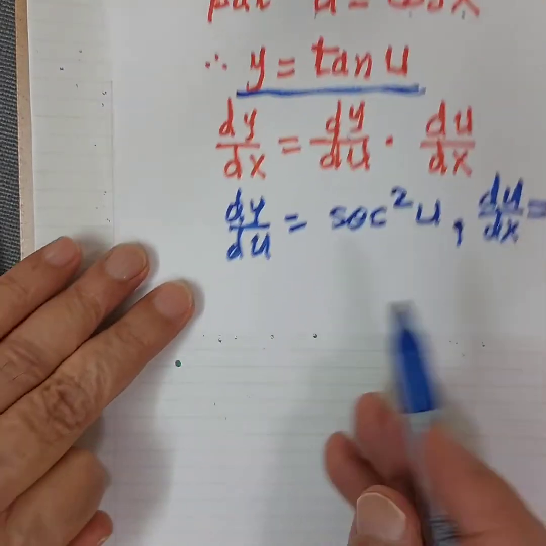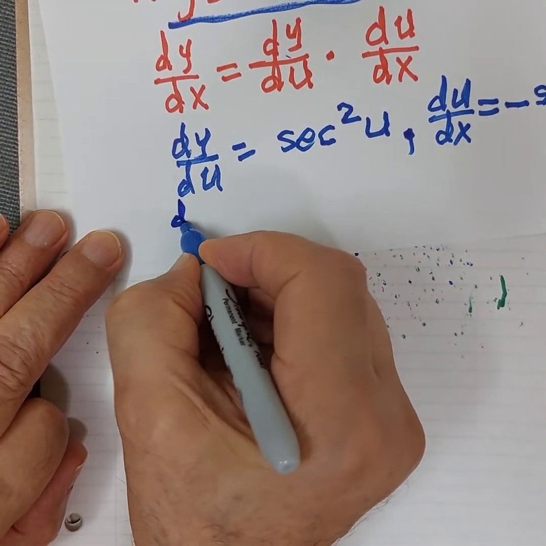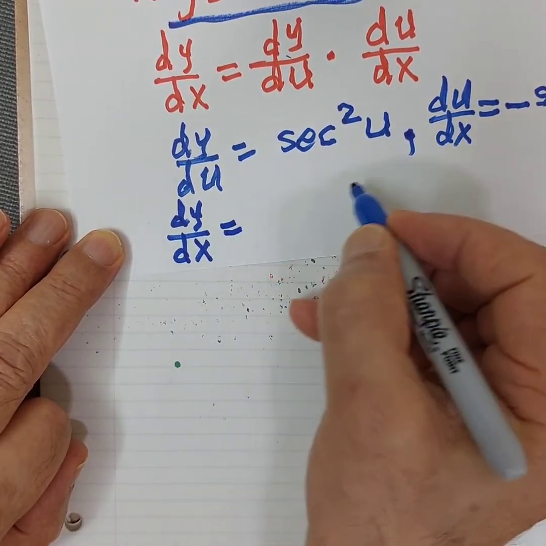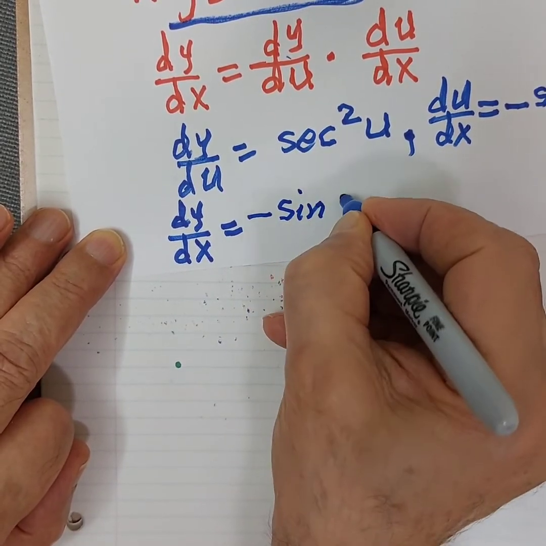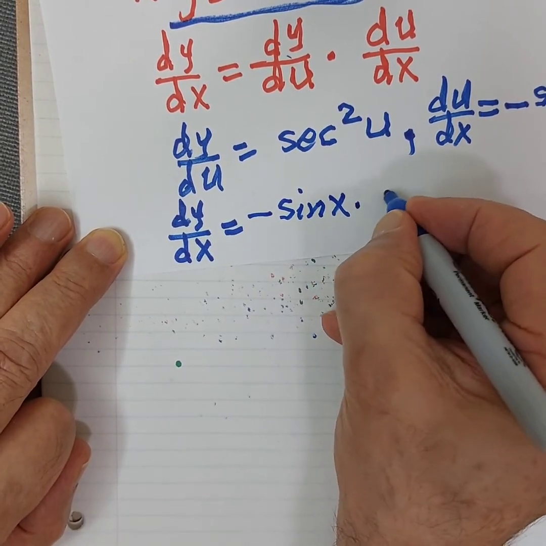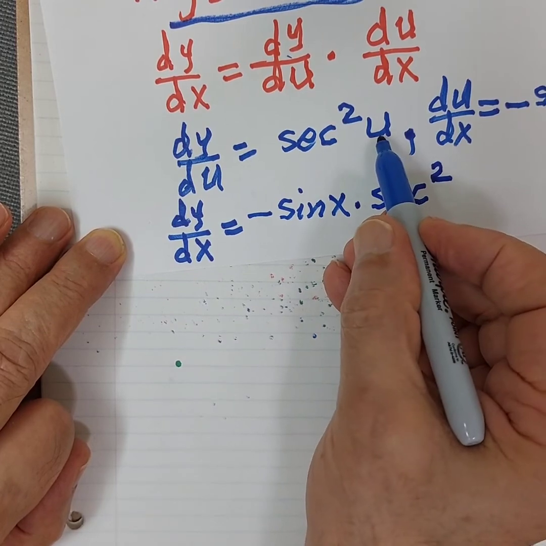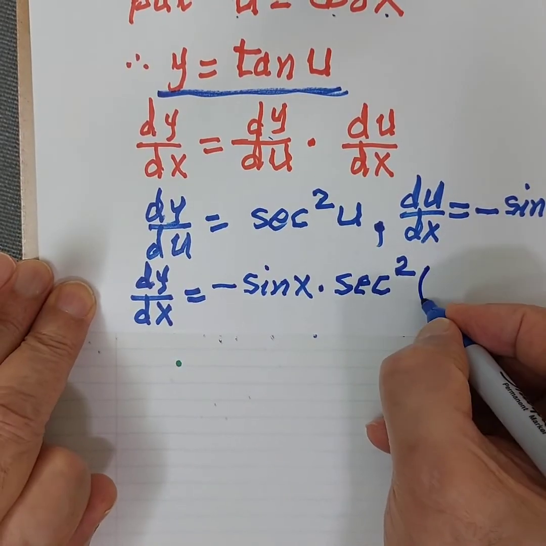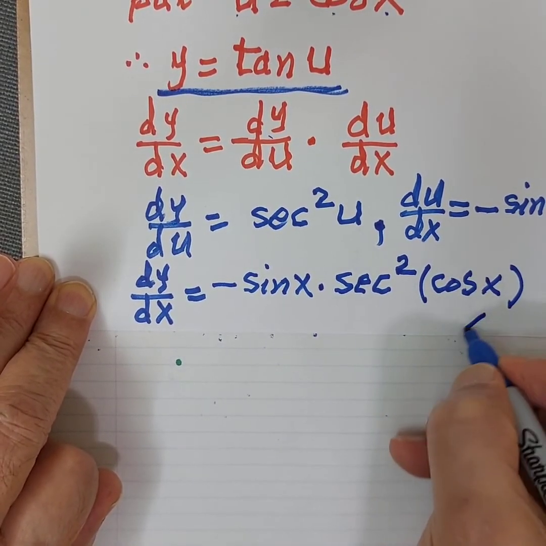So the answer will be, to write the dy by dx, dy by dx is equal minus sine x, as we multiply those together, times sec square, and again we replace u by putting cosine x. So this cosine x. And that's it.